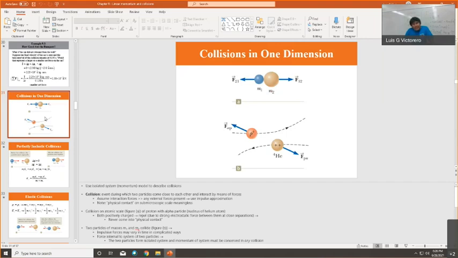But elastic collisions, which is the one that we're going to do right now, has the particular property that the kinetic energy before is equal to the kinetic energy after the collision. So the energy is conserved. The energy of the system, if you have two masses, the energy of one before plus the energy of two before is equal to the energy of one after plus the energy of two after. We will do the equations and you will see how it all works out.